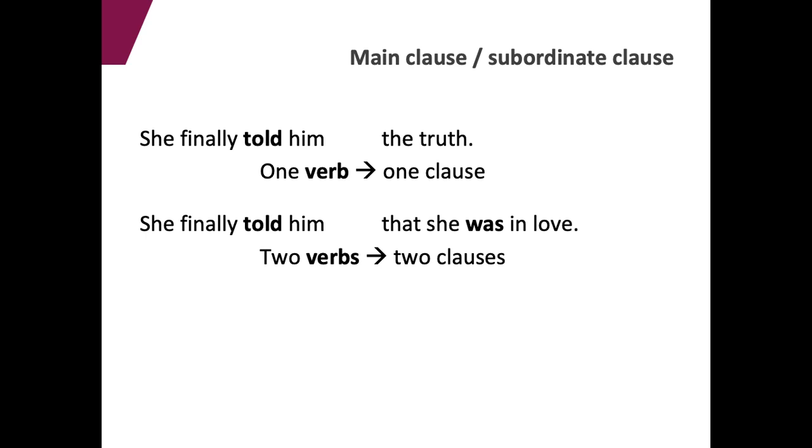Okay, but in that case, this is what we call a complex sentence, okay? Une phrase complexe, a complex sentence, because there is a hierarchical relationship. Hierarchical relationship, une relation hiérarchique, make sure you write hierarchical properly and you pronounce it properly. So there is a hierarchical relationship between the two clauses.